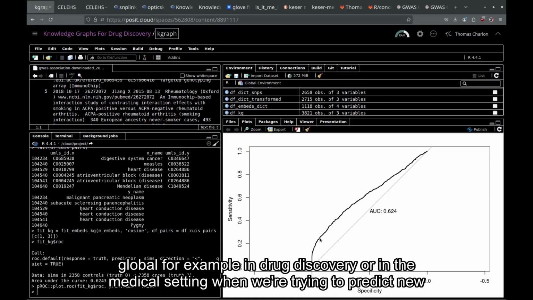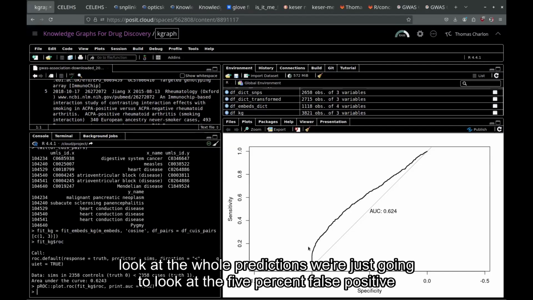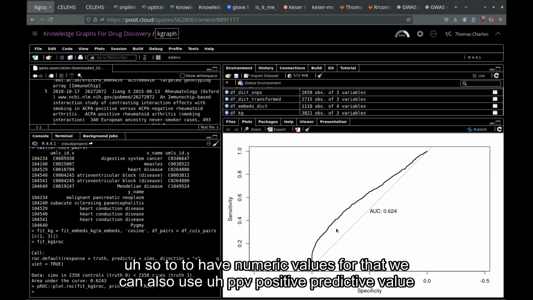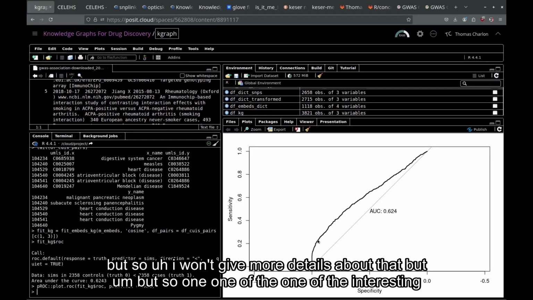For example, in drug discovery or in the medical setting, when we're trying to predict new relationships between disease and drugs or between medical concepts, we're not going to look at the whole predictions. We're just going to look at the 5% false positive. To have numeric values for that, we can also use PPV, positive predictive value. But I won't give more details about that.